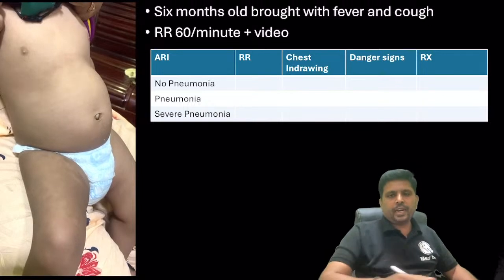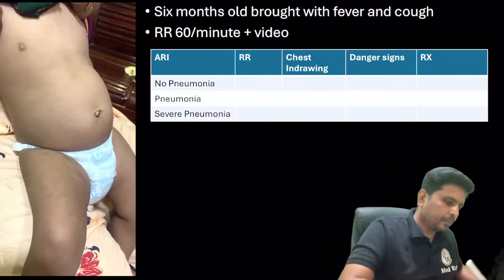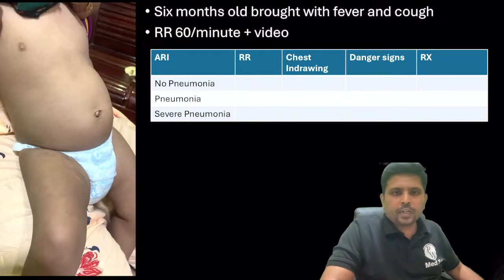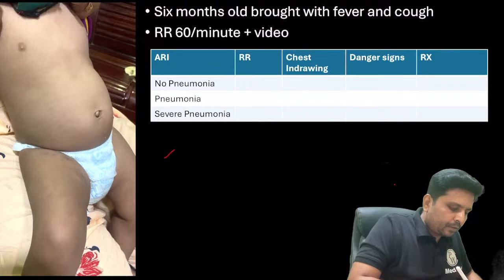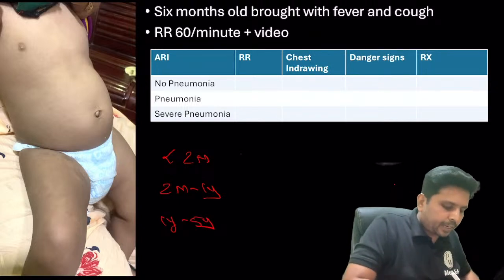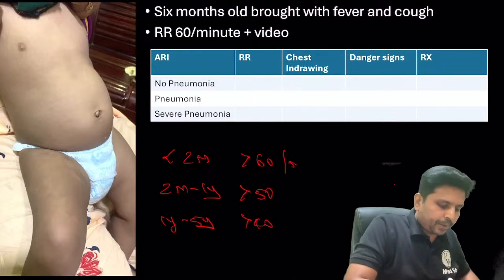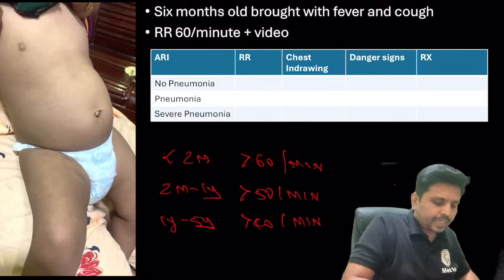Now, let us presume what are all the possible questions that can be asked. What is the respiratory rate for a child less than 2 months, 2 months to 1 year, 1 year to 5 years? If the respiratory rate is more than 60 per minute, 50 per minute, 40 per minute, it is called tachypnea.